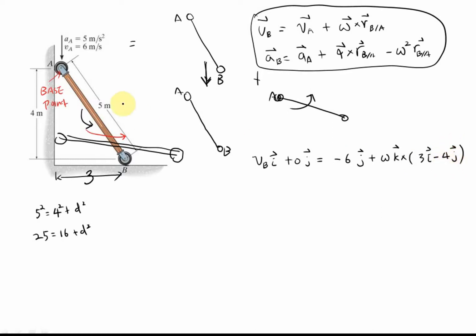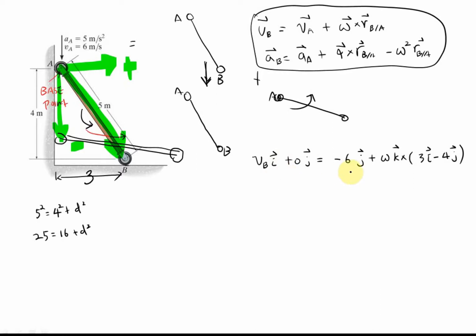Why negative? Because this vector is from A to B, so this one has positive and this one has negative, right? So this is my V_B.